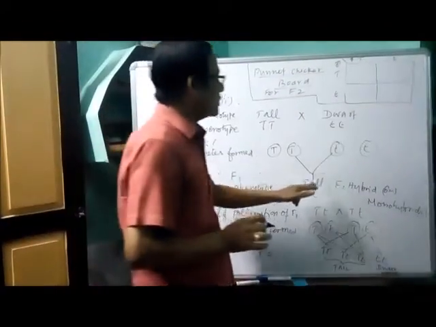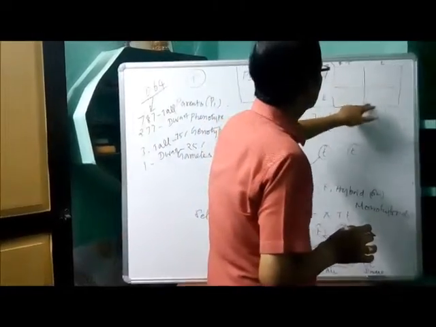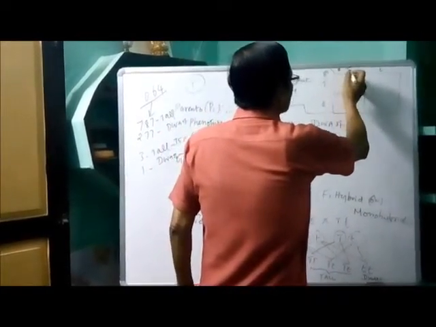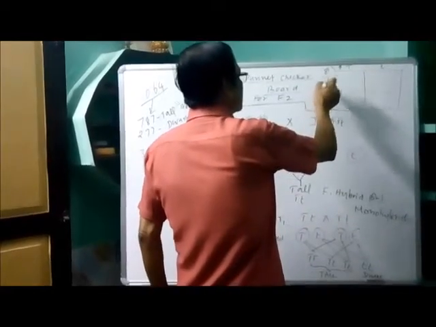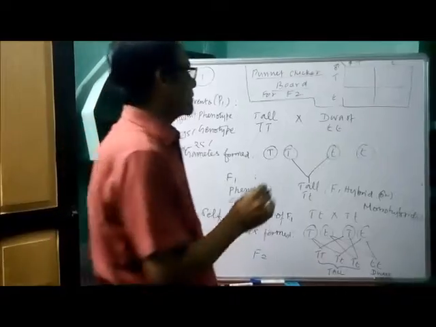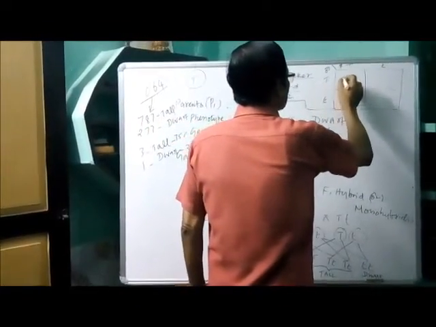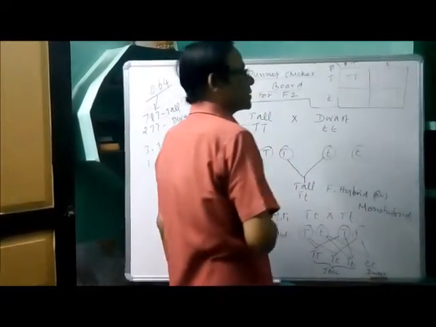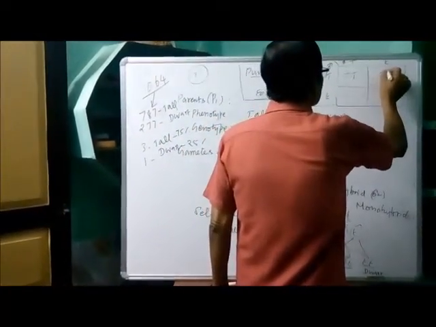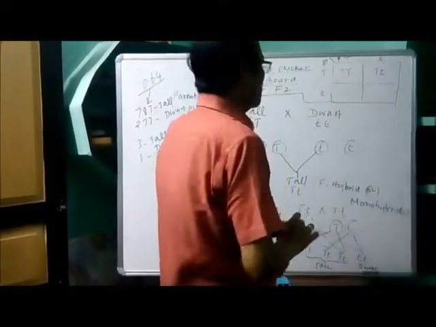Here, as we have 4 individuals produced with 2 different types of gametes, I am taking the female gametes on the upper side and laterally I am taking the male gametes. Simple multiplication. This gamete fuses with this one, and we get capital T. This one also has the ability of fertilizing this one, so we get this variety.